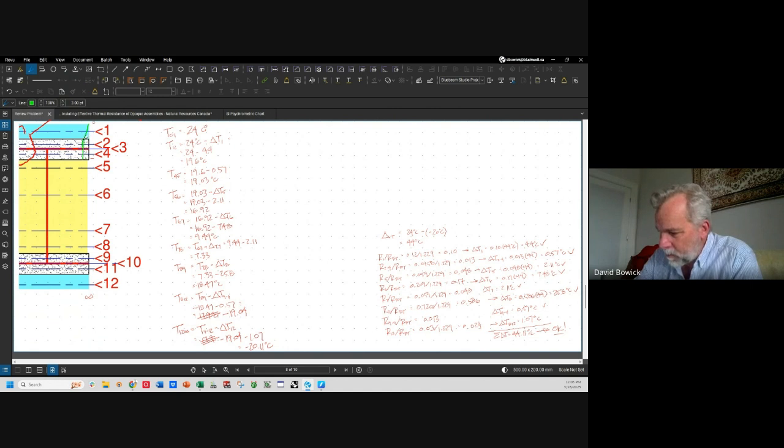So we got a reasonable temperature drop through the air, next to nothing through the concrete. Then a little bit more through here, a little bit more here, a little bit more here.